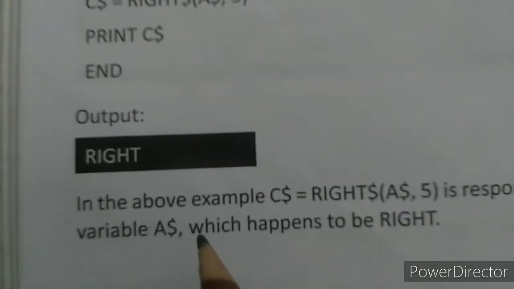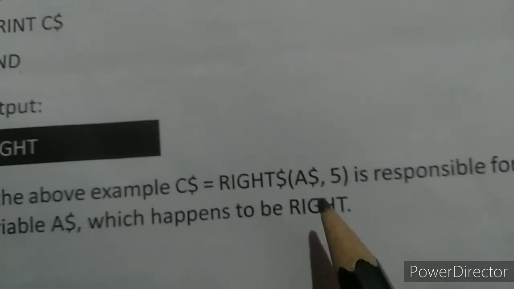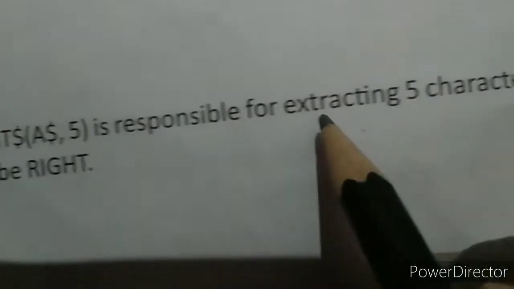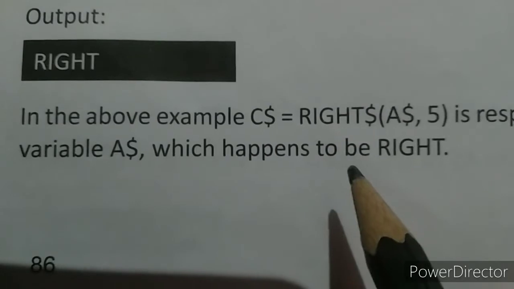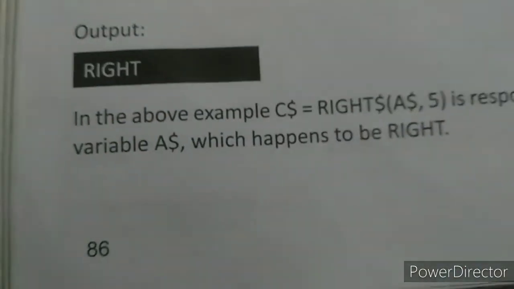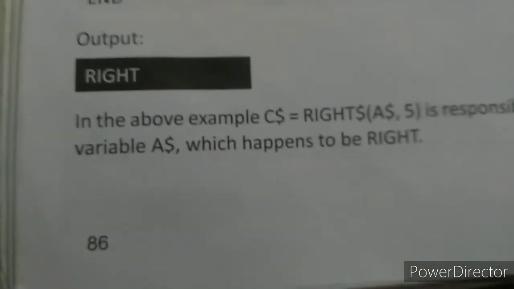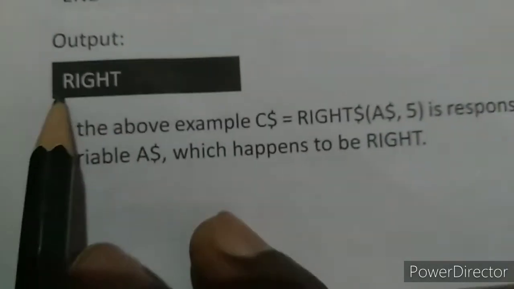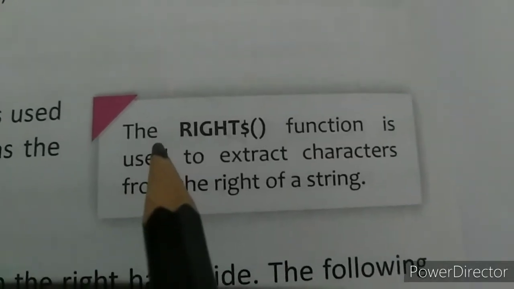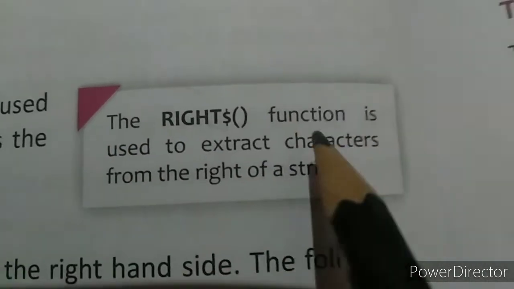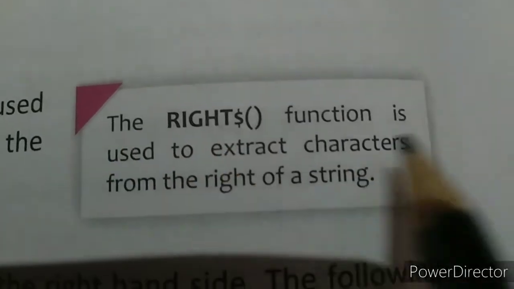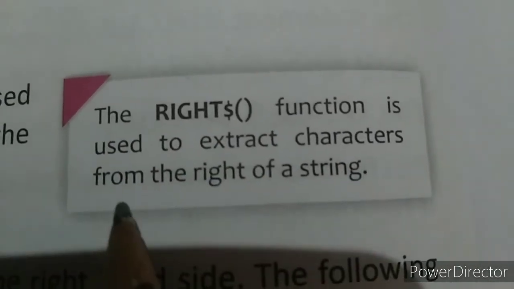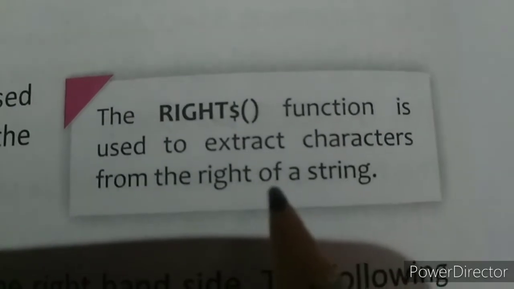Now in the above example, $C equal to right($A, 5) is responsible for the extraction of 5 characters from the string variable $A, which happens to be right. It means the rightmost 5 characters are right, so here right has been printed. In a nutshell, the right function is used to extract characters from the right of a string.